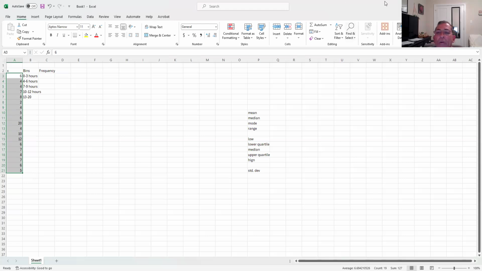And if you see over here on the right side, you see this A to Z. That puts your stuff in order. So I'm going to click on the A to Z and bring up the little arrow down here. I'm going to sort them from smallest to largest. Now, if you want to, you can sort them from largest to smallest. But I'm going to sort from smallest to largest.